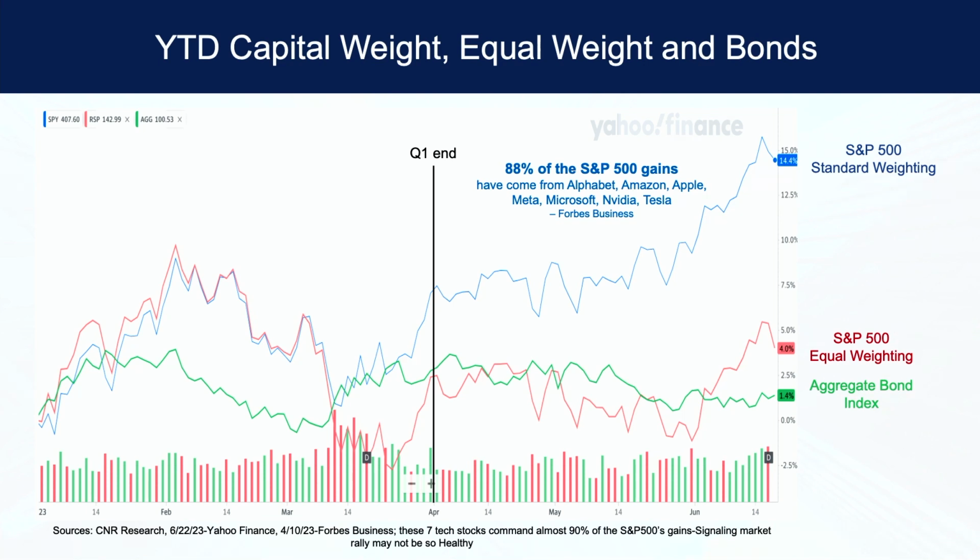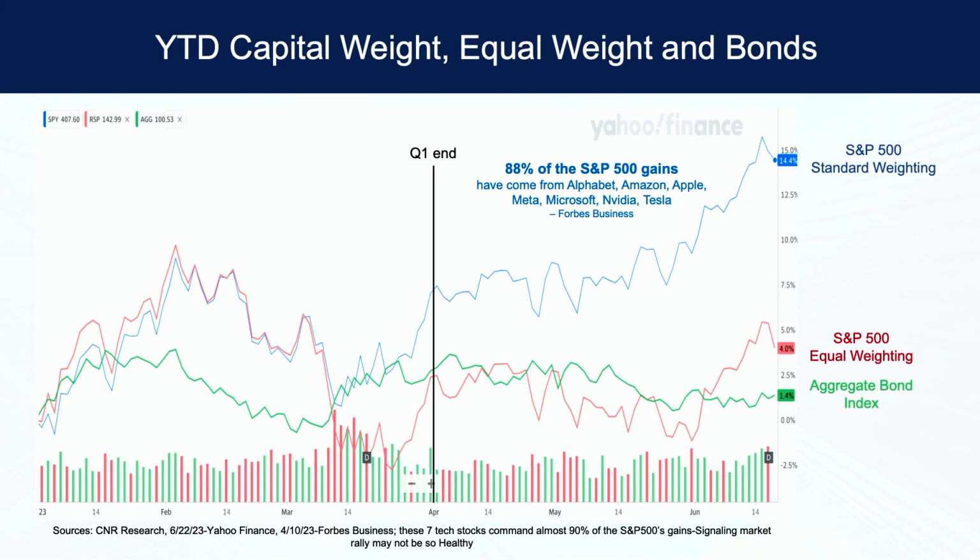And another fact that a lot of people don't understand is those 7 companies represent about 25% of the S&P 500 from a capital weighted standpoint.